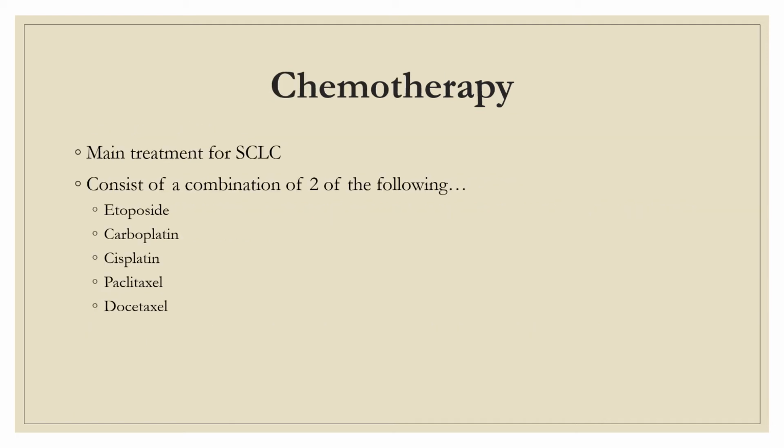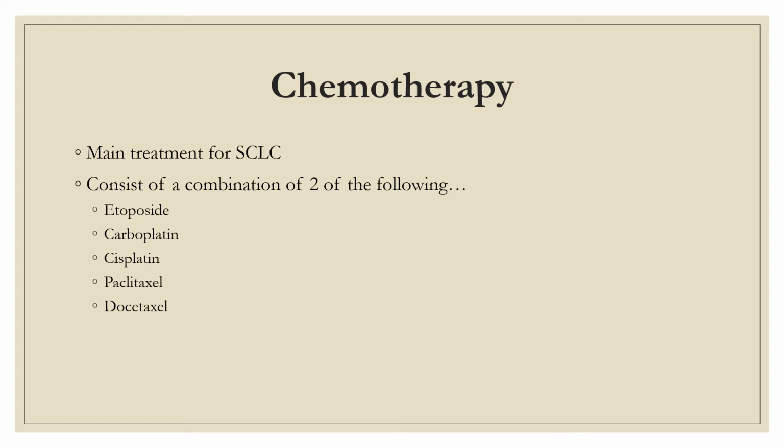Chemotherapy tends to be a main treatment for small cell lung cancer just because it's so aggressive and it can spread so quickly. So it usually consists of a combination of two of the following: etoposide, carboplatin, cisplatin, paclitaxel, and docetaxel.